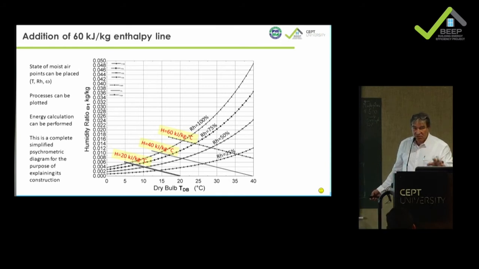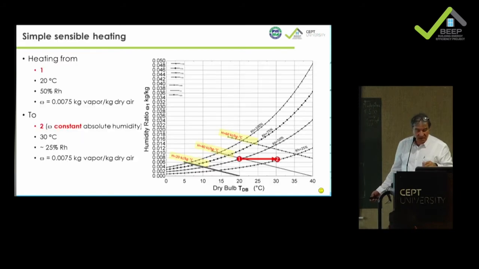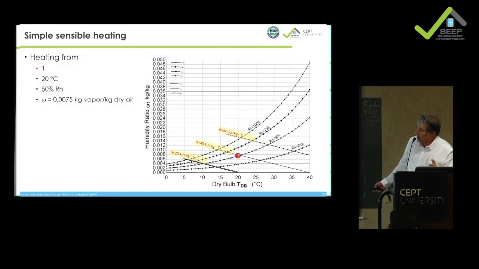So now I will show you the simple processes. You don't do an exercise now, but I show you just the principle. If we go still on this simple diagram, say we want to heat air at 20 degrees and 50% humidity. So we are here. It gives approximately 7.5 grams, if you can see. That's what we can read from the chart.